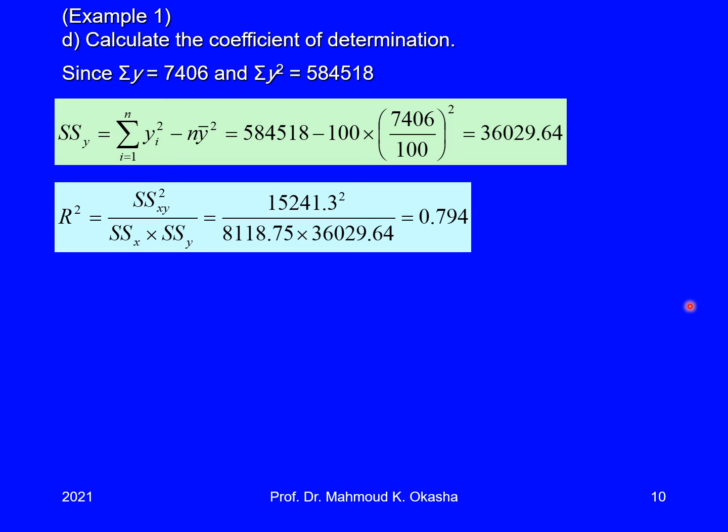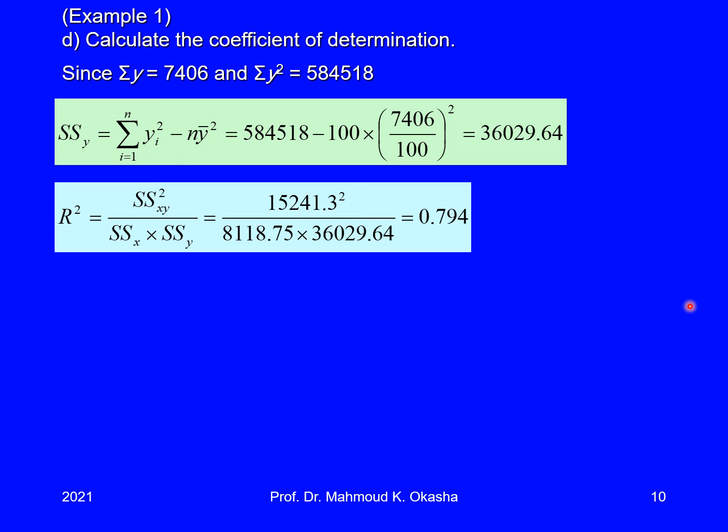79%. That means the study time describes only 79% of the mark of that subject, and 21% of the mark in that subject is explained by other factors like intelligence or whatever.